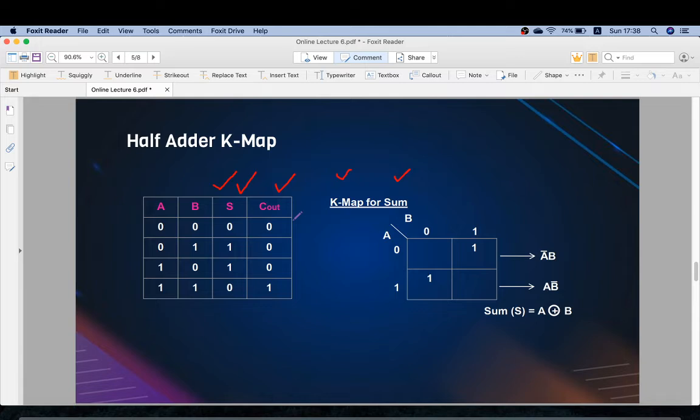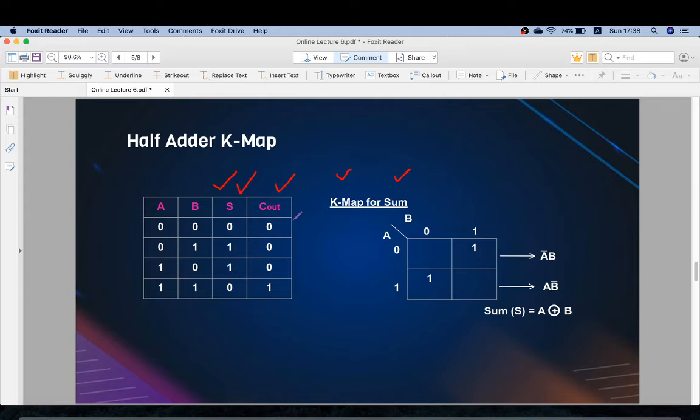As in combinational logic, I always take SOP. I also taught you this in combinational logic and logic circuits in K-maps. Whenever you are taking the variables in your K-map or truth table or your solution as per SOP, you will always take 1.